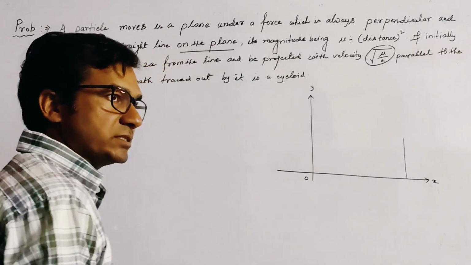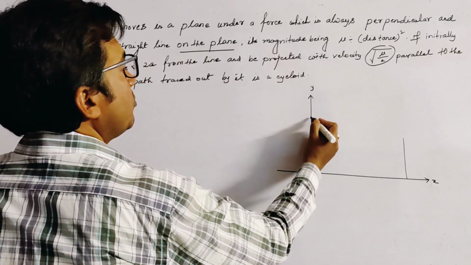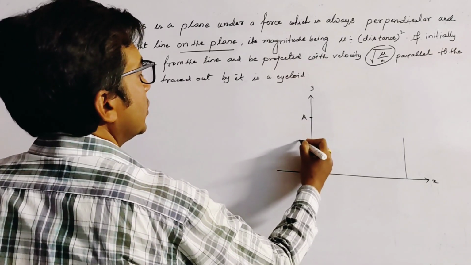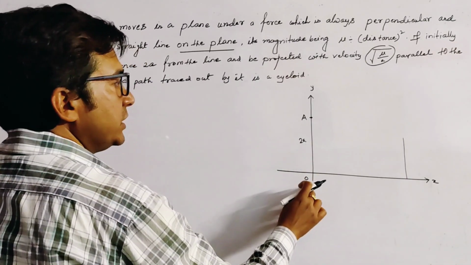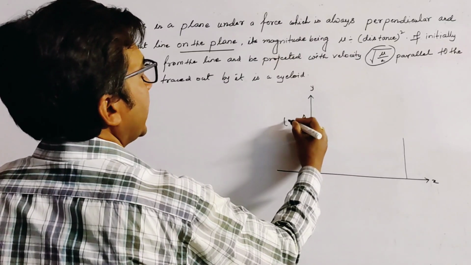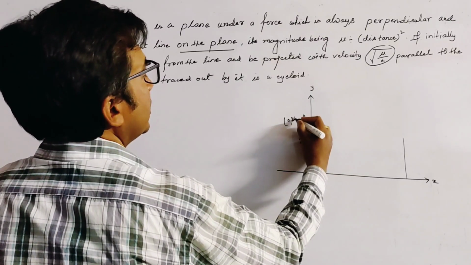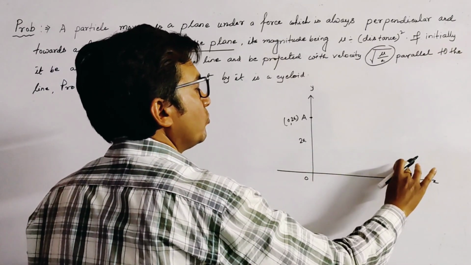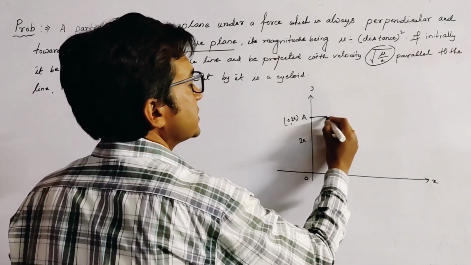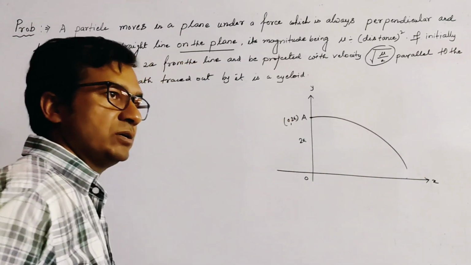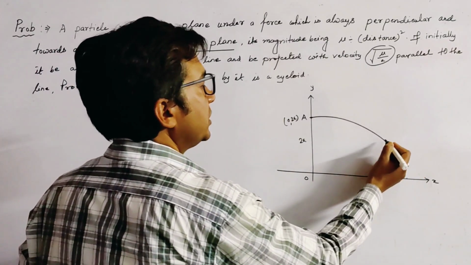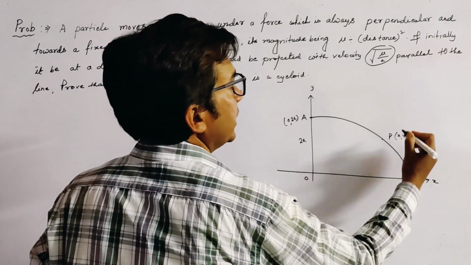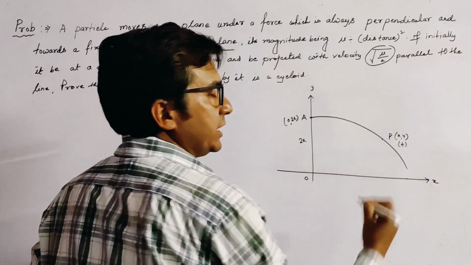This is the x-axis. So the initial point of projection A is at a distance 2a from the origin, and the coordinate of A is obviously (0, 2a), right? And we project the particle like this. Let P be any point whose coordinate is (x, y) at any time t.